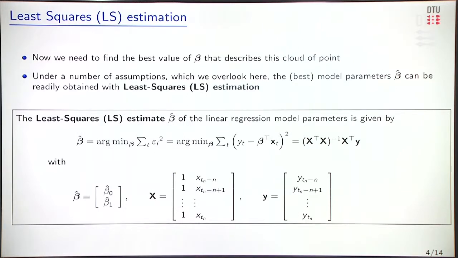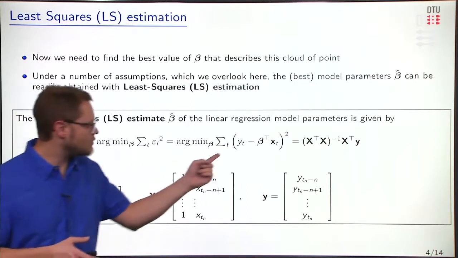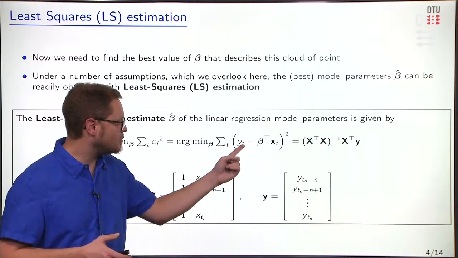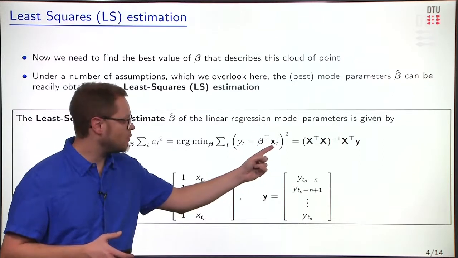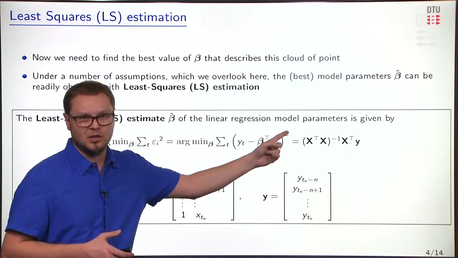But eventually, what we're going to obtain here is a least square estimate beta hat for the linear regression model. It's going to be the estimate that minimizes a quadratic loss, so a sum of squared errors. These residuals can be rewritten as the difference between the measurement, yt, and bold beta transpose times bold xt, squared, obviously.